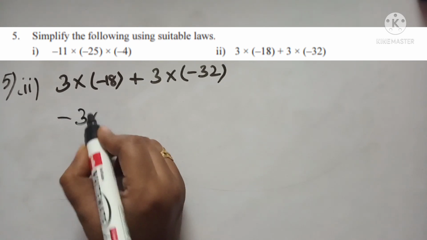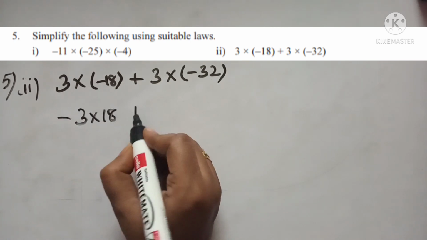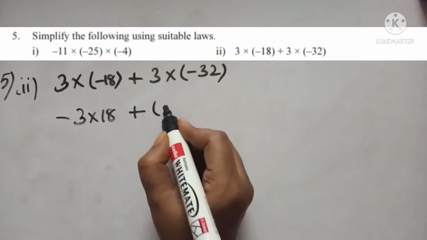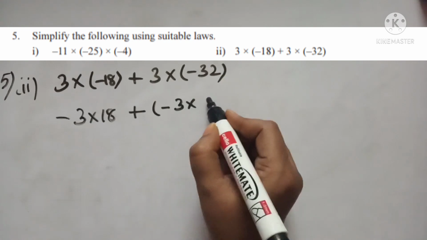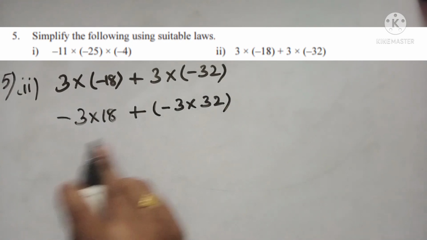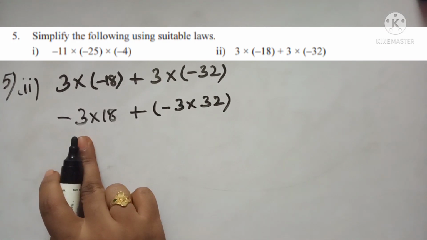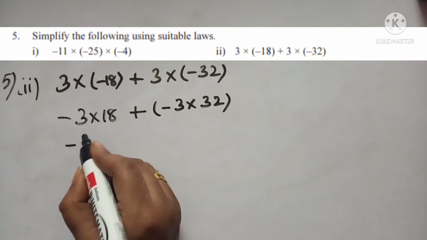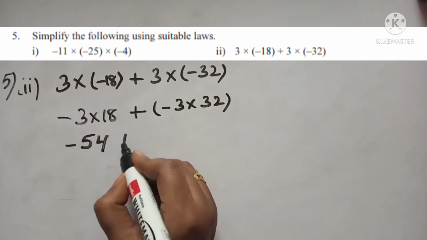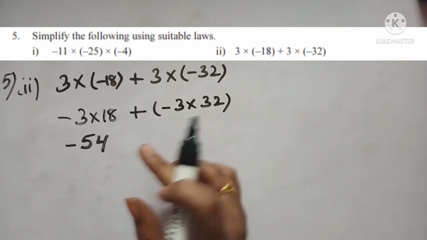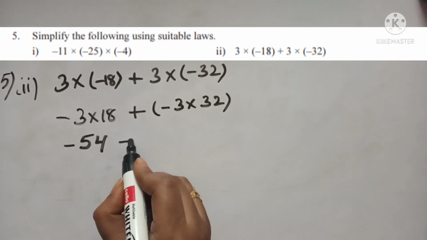Minus 3 into 18 plus, again plus into minus is minus. 3 into 18, how much do we get? 18 3s are 54. Yes, minus 54.